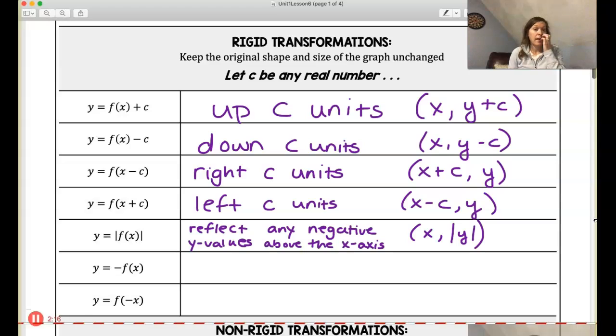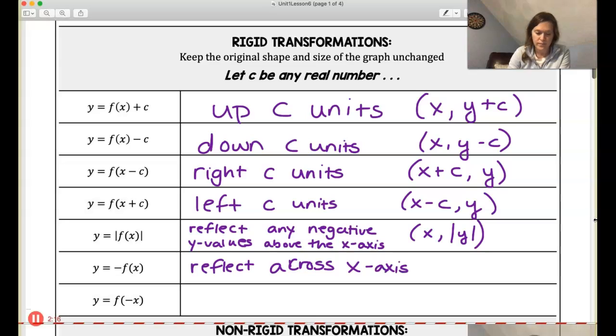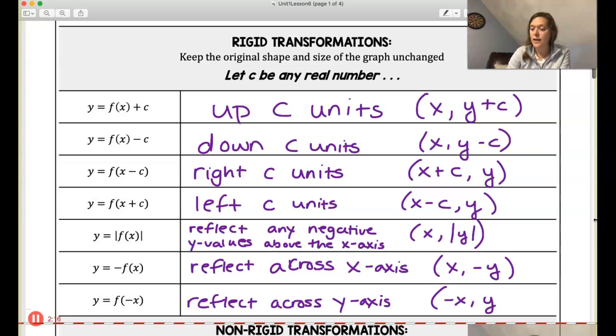Sometimes we can end up taking the negative of our function, and this means that we would reflect it across or about, you'll sometimes see the word about, the x-axis. So we're taking the negative of our y, and then taking the negative of our x makes us reflect across, about, or at the y-axis, which means we're taking the negative of all of our x's and our y's go unchanged.